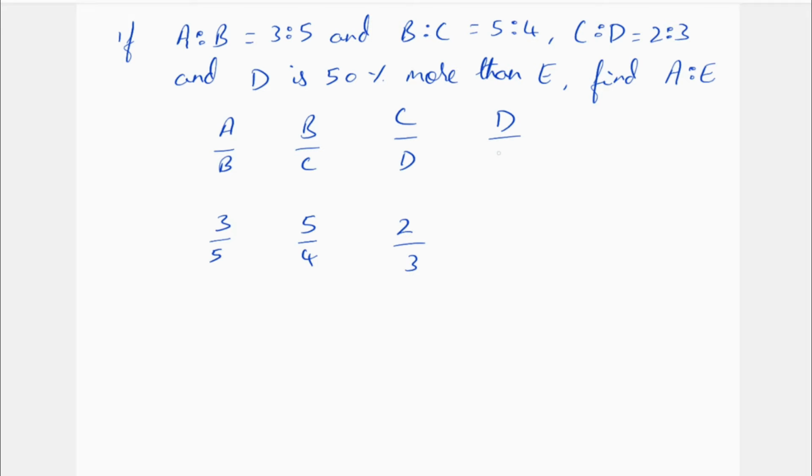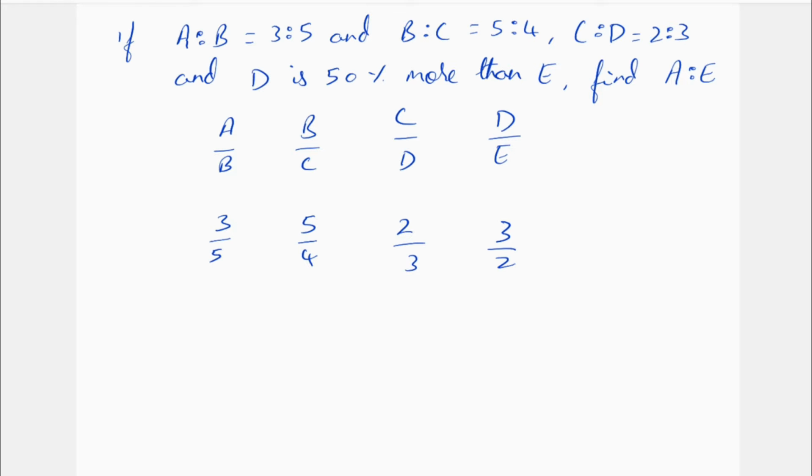And d by e, they are saying d is 50% more than e. Assume e is 100%, then d is 150%. Relative to e, d is 50% more than e. So if e is 100%, d is 150%, or in other words, 150 by 100 will give us 3 by 2. This is what they have given.